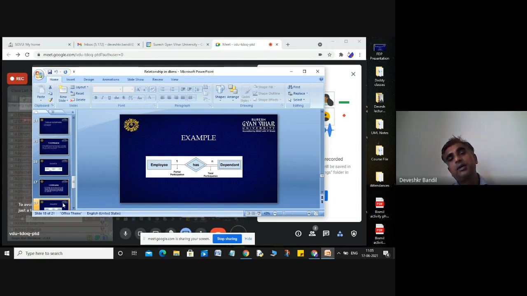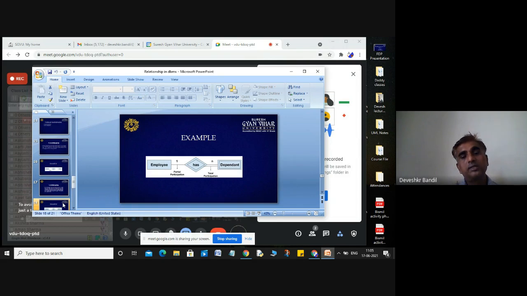In this given image, the edge is the relationship between the employee and the department, and the relationship that exists between the employee and department is one to many. So here one is partial participation, and N is total participation.